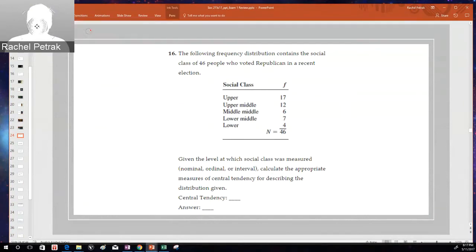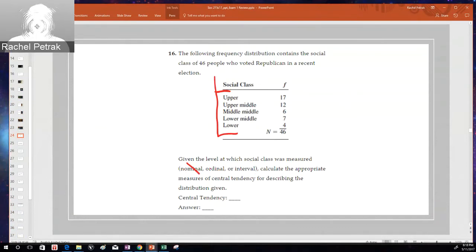The first question we need to ask ourselves is, is there a clear order among the levels of this variable? Do these values here have a clear order? Yes. So this variable can't be nominal. If there's any clear order, then a variable can't be nominal. It's ruled out. It has to be ordinal or interval.